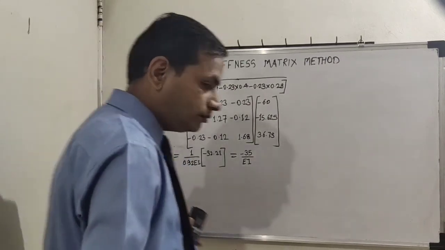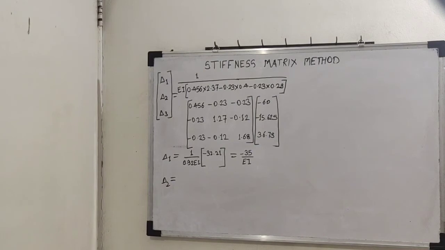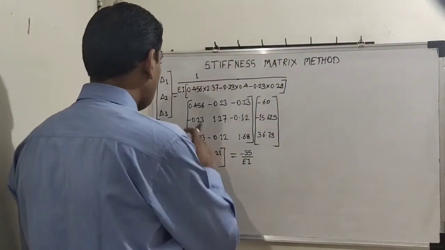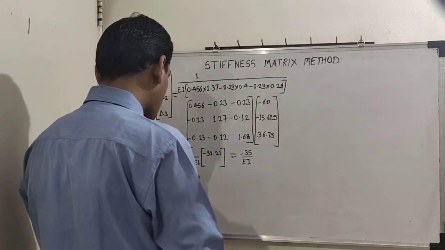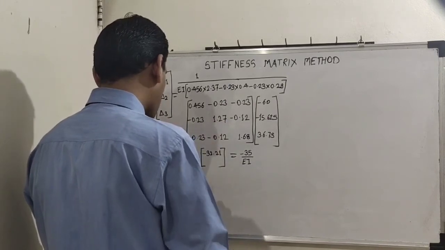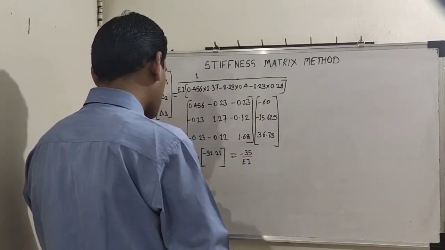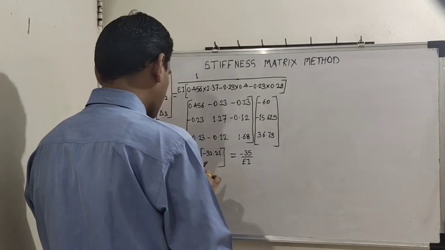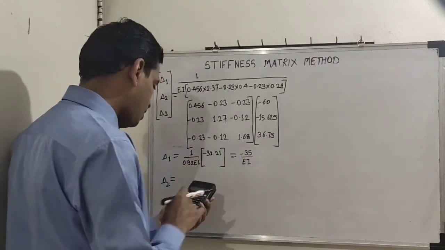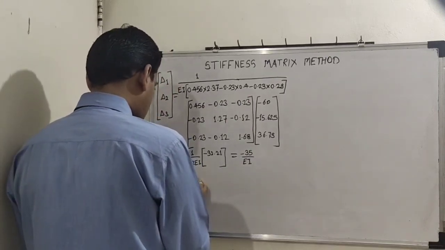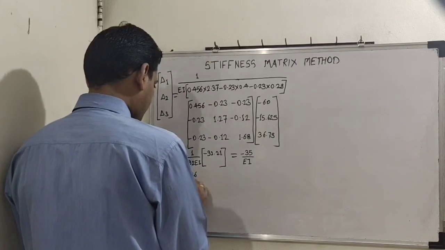Then delta 2. Now delta 2. So minus 0.23 into minus 60 plus 1.27 into minus 15.625 minus 0.12 into 36.73. This value divided by again determinant 0.92. So it is minus 11.36 upon EI.